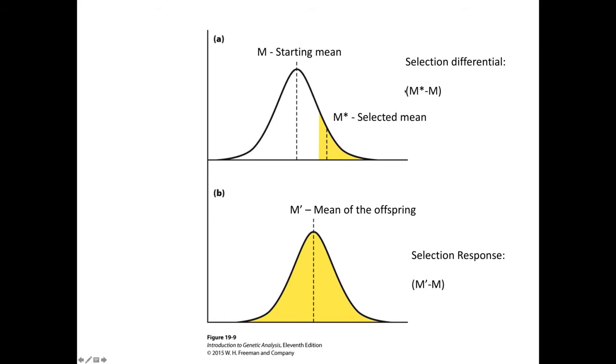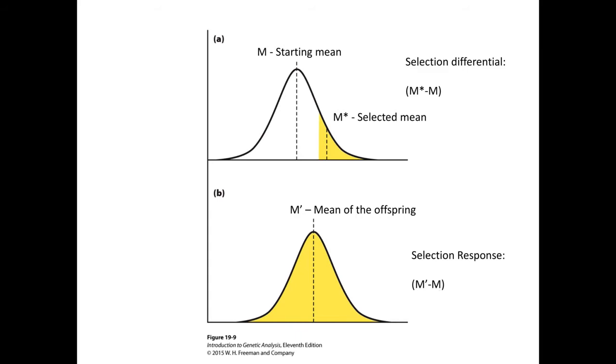Then you have something called the selection differential, which is how strong your selection was: M star minus M. And then you also have the mean of the offspring, which is M prime. You can characterize something called the selection response, which is how different the offspring are from the original mean: M prime minus M.